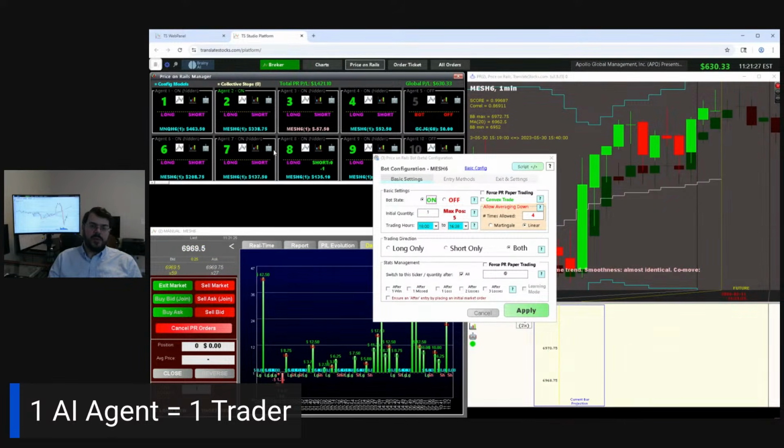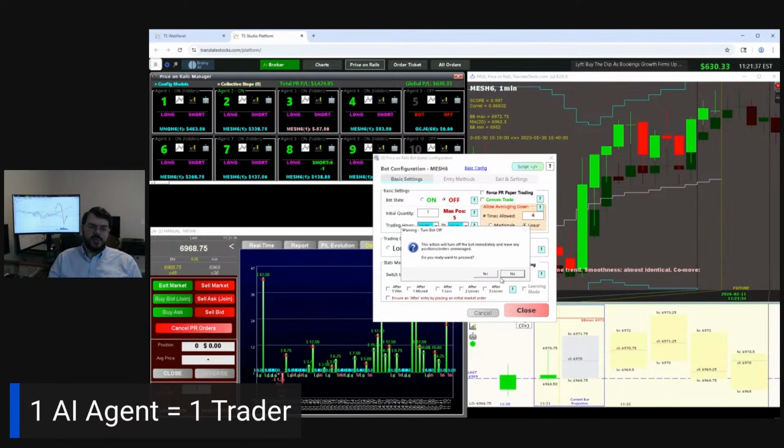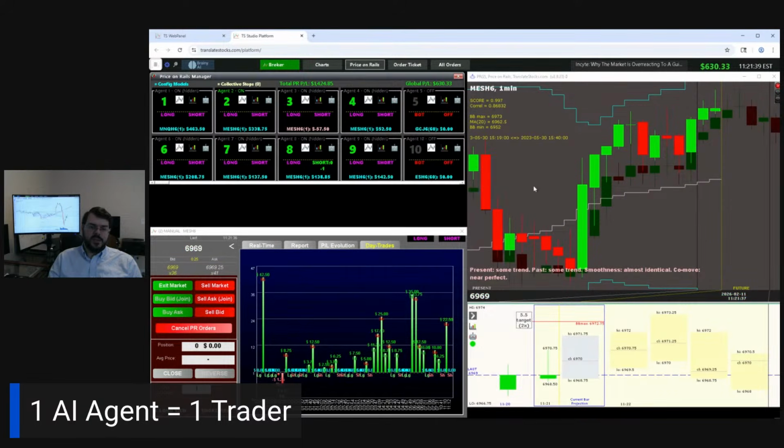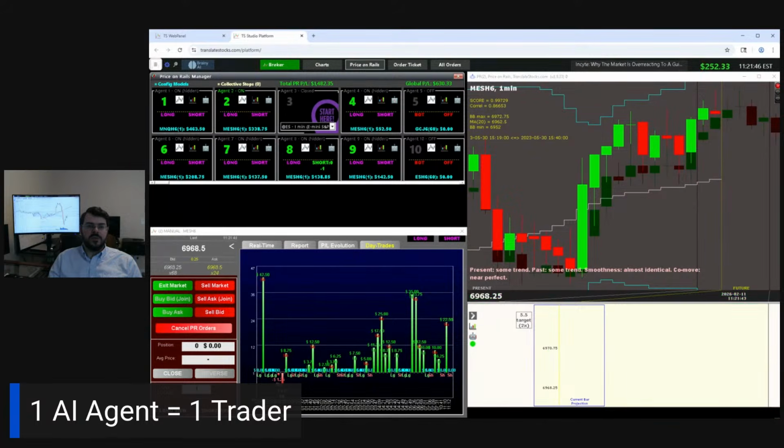We use the white button here to open it back. This is the screen for agent number 3, the bot screen, the configuration for agent number 3. If I click here on the close button for agent number 3, now I have this view for a closed agent, an idle spot inside my screen.